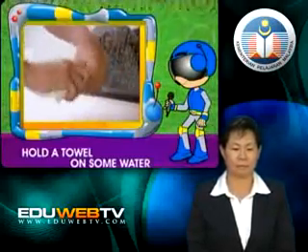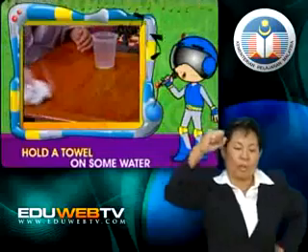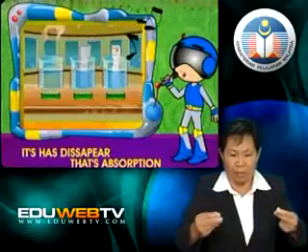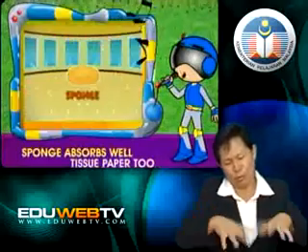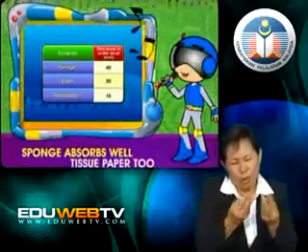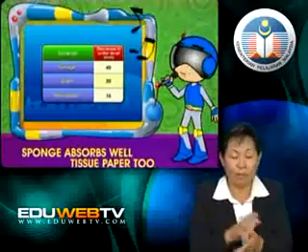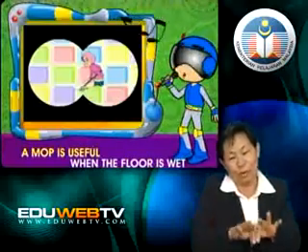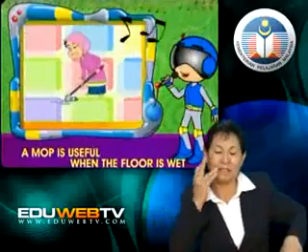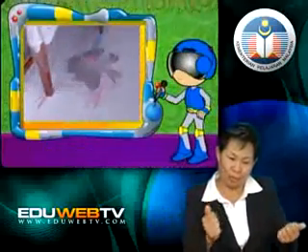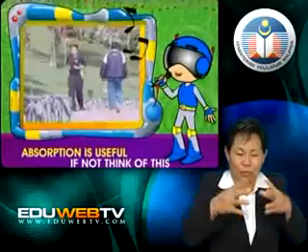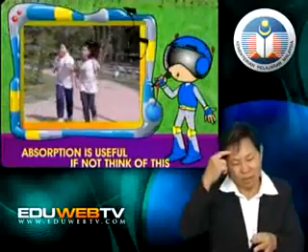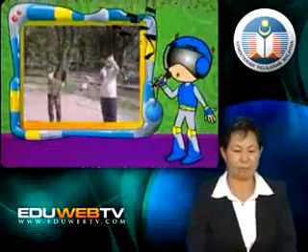Hold a towel on some water, and it has disappeared. That's absorption. Sponge absorbs well. Tissue paper too. A mop is useful when the floor is wet. Absorption is useful. If not, think of these.